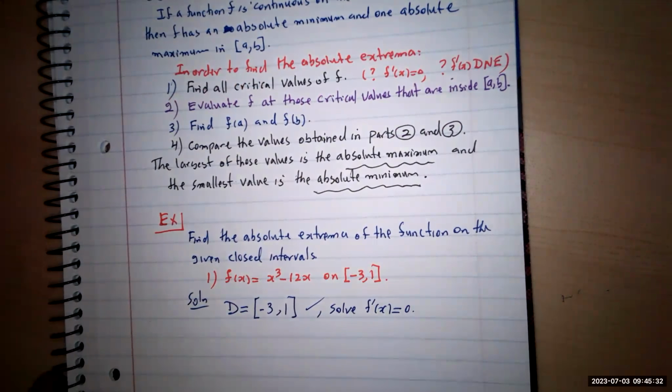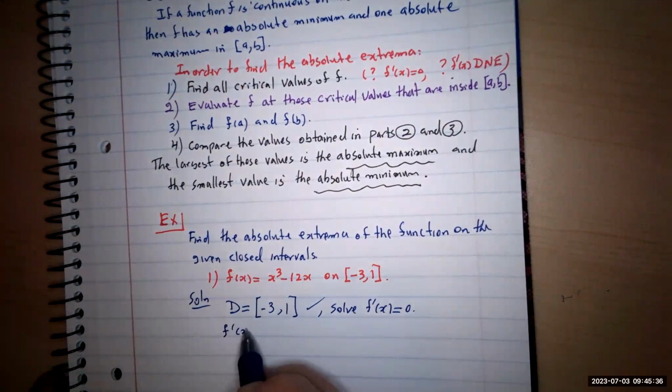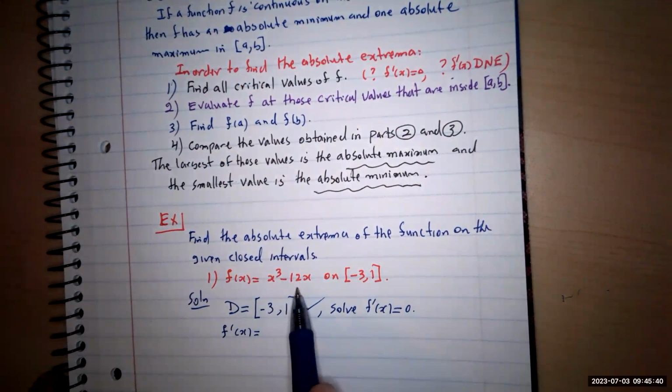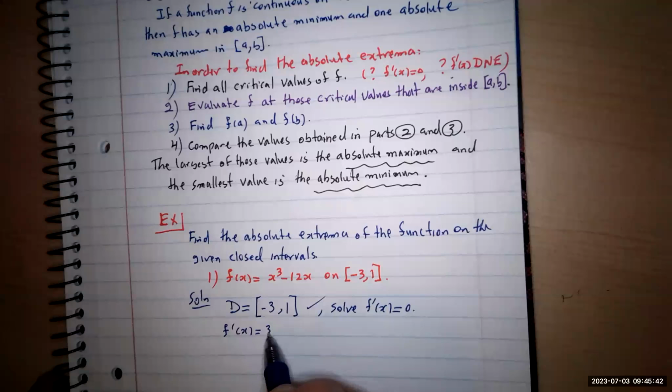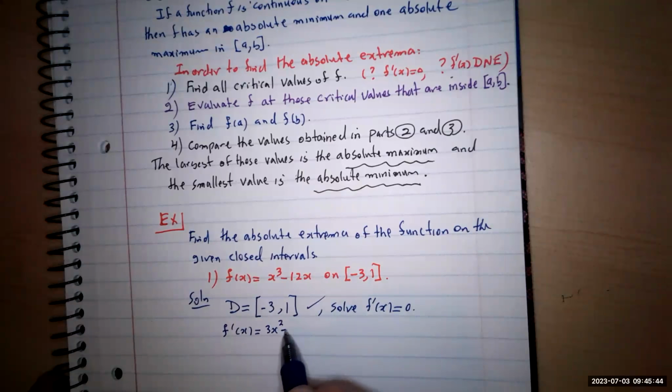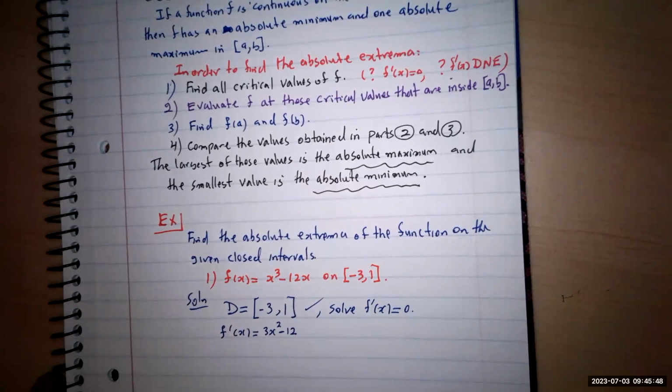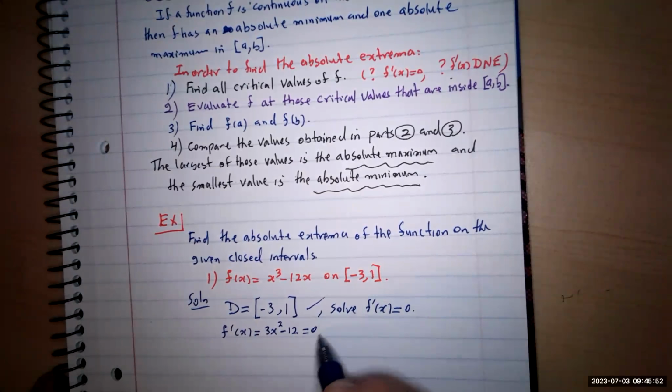Just remind yourself: differentiate it, easy to differentiate, but be careful, f prime. So you differentiate it, that gives 3x squared minus 12. It's going to be f prime. You set it equal to 0 and carefully solve for x.